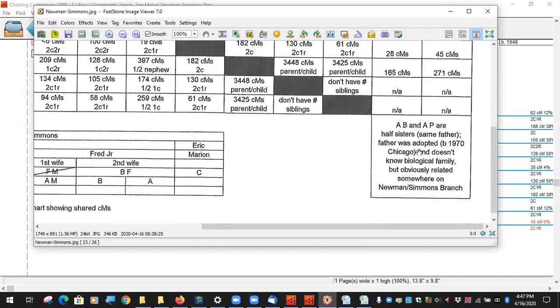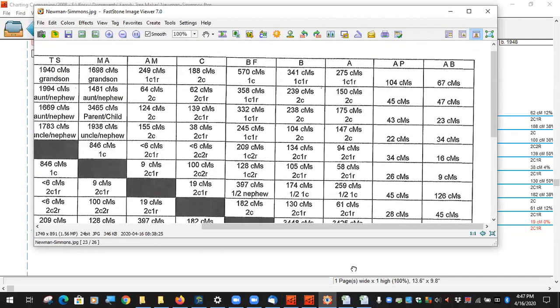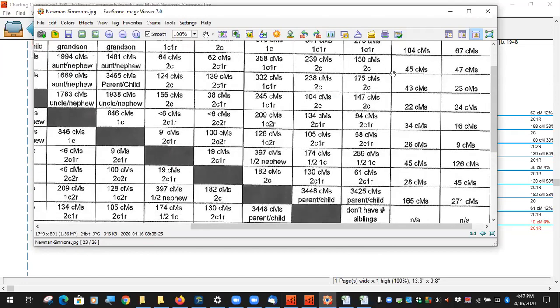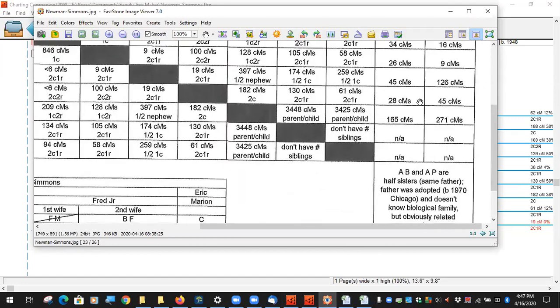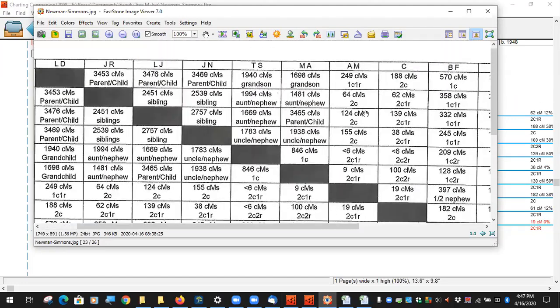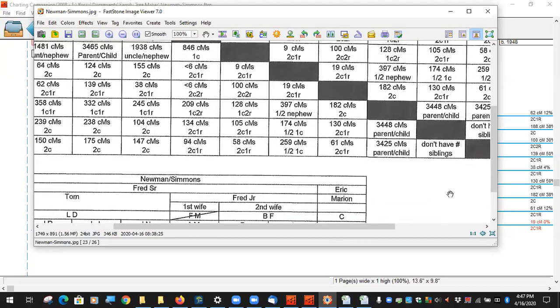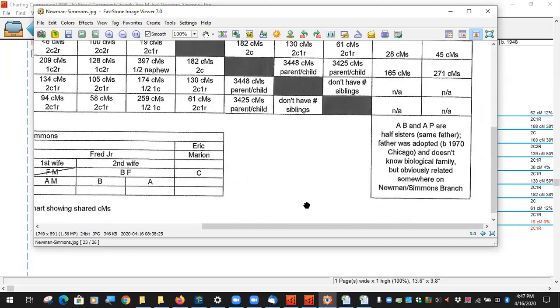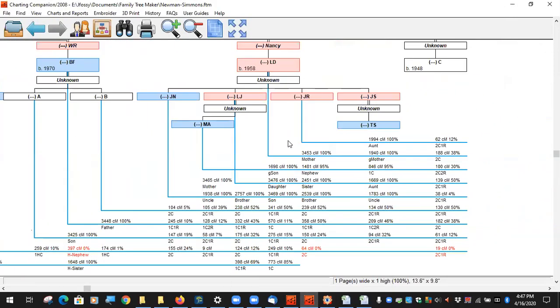The father was adopted, born in 1970 in Chicago, doesn't know anything about his biological family. But they know how AP and AB, well, they match just about everyone on this chart. So they're obviously related.